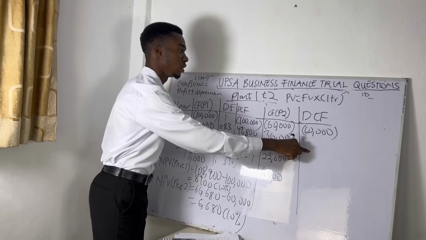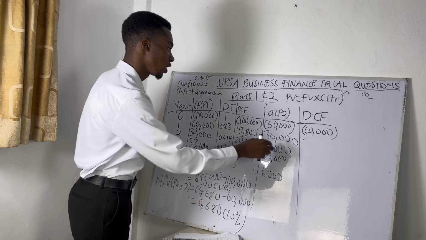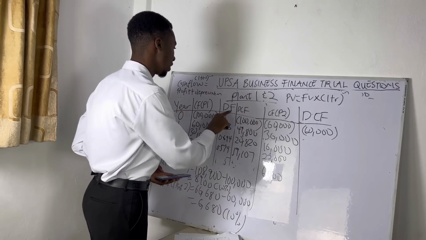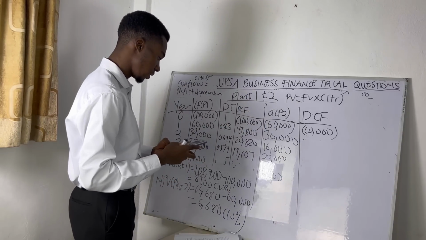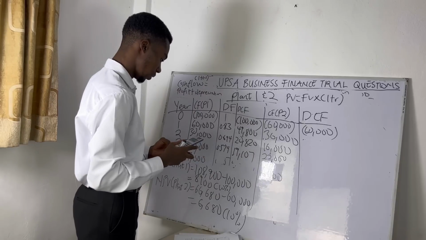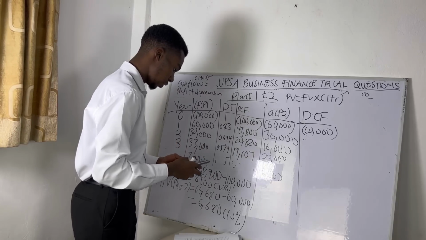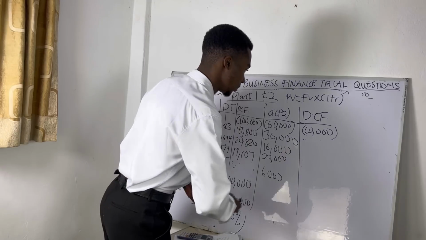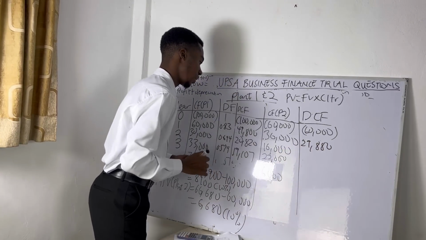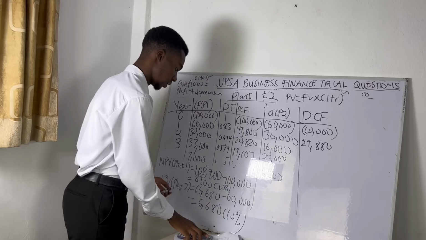So now we're going to go to plant 2 using the same 20%. We'll just multiply this by this because it's the same rate. So it's going to be the cash flow times the discount factor. We have 36,000 times 0.83, so you have 29,880. And we have 16,000 times 0.694.